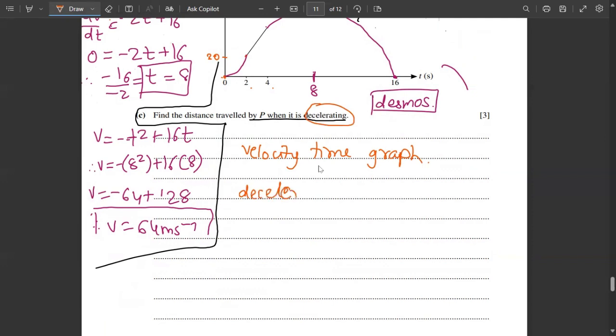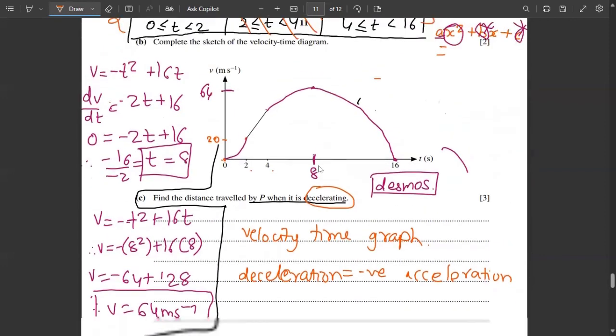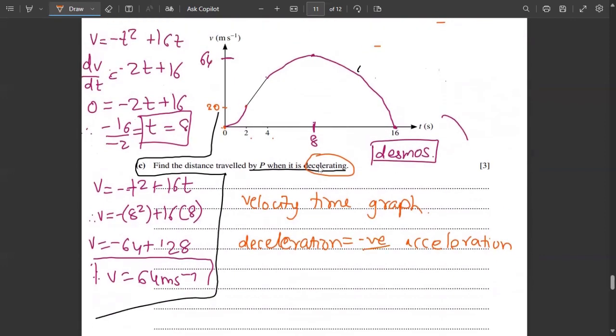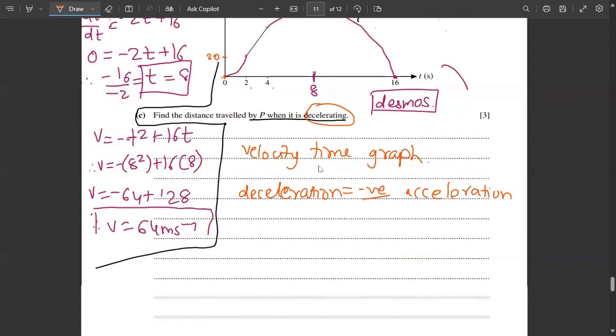Deceleration is nothing but negative acceleration. From a velocity time graph, the acceleration can be found out using the gradient.